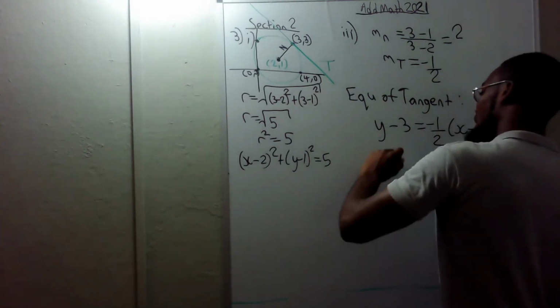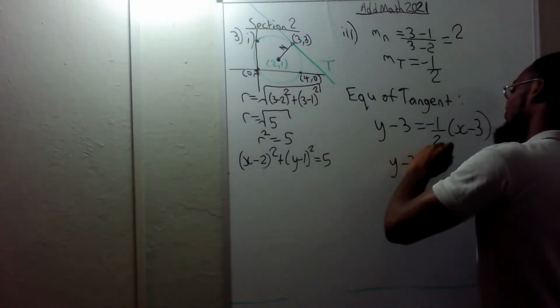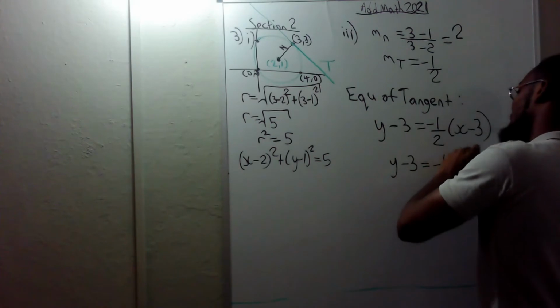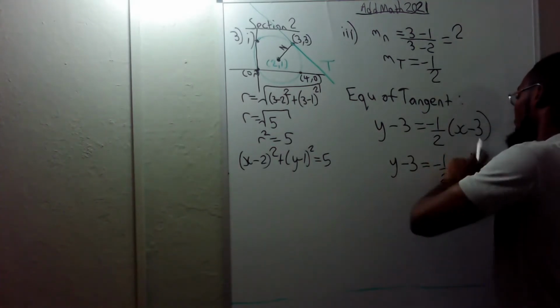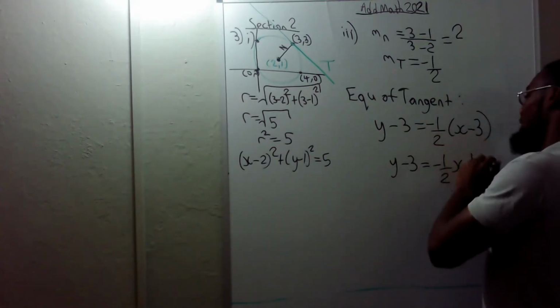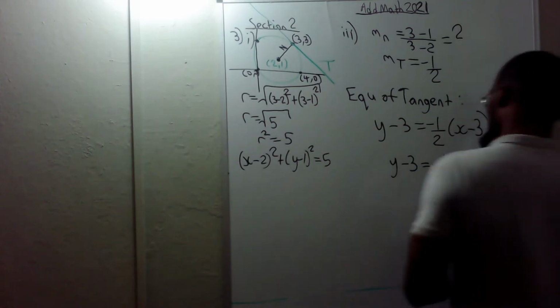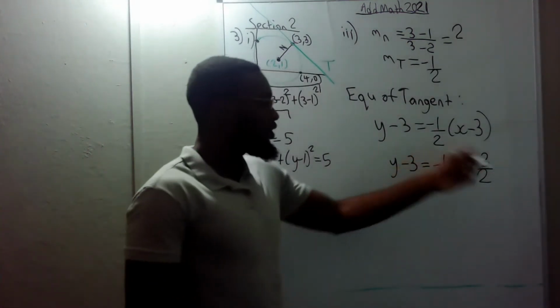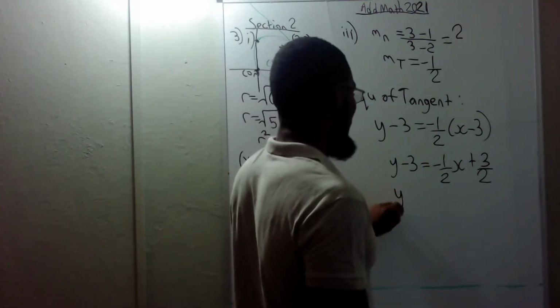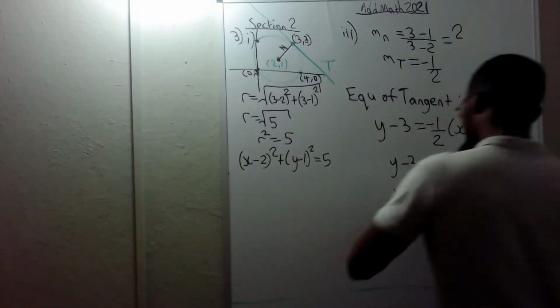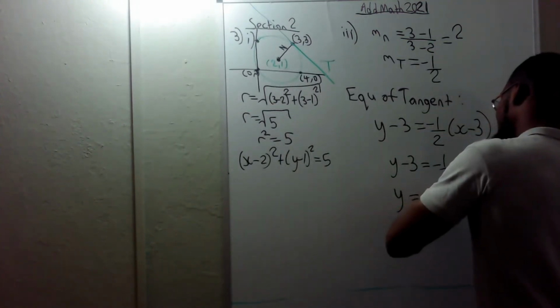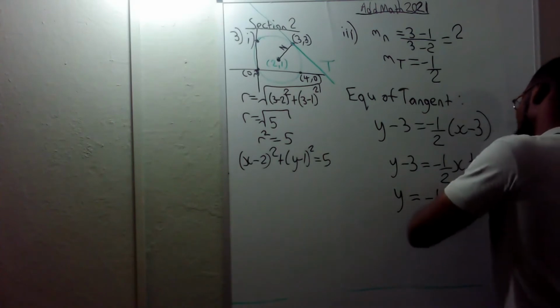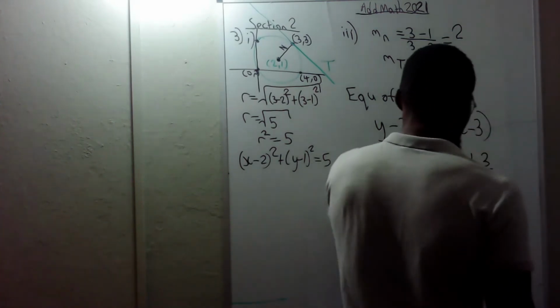Simplifying, guys, we get y minus 3 is negative a half x plus 9. Minus and minus become plus, so that's plus 3 over 2. We can bring over the 3 over there. So y is equal to negative a half x plus 9 over 2. That's your answer.